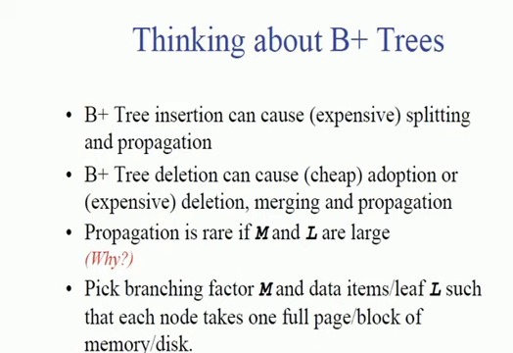Generally in a B plus tree, propagation-level deletion and insertion is expensive, because we propagate the problems to the upper level. Another thing, B plus tree deletion can cause adoption, merging and propagation.